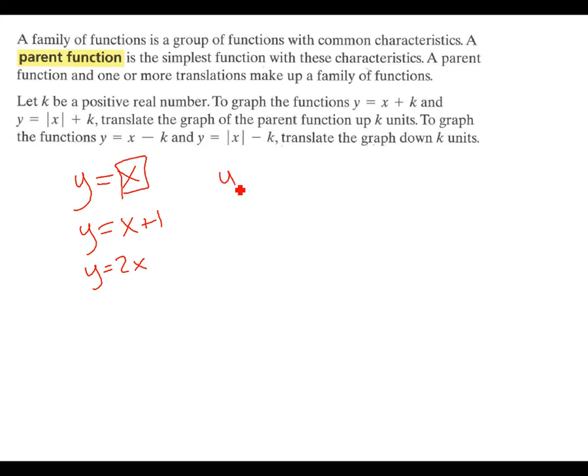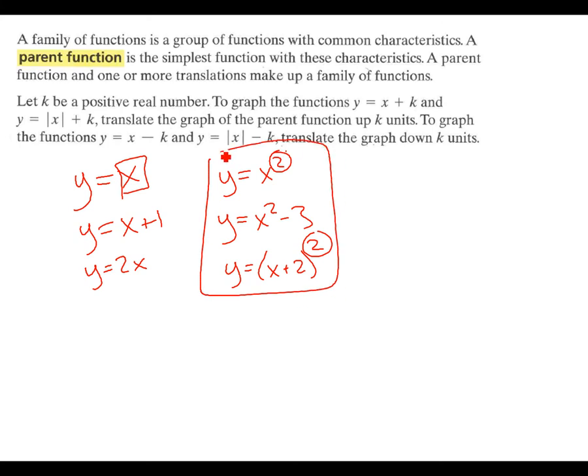If we put a squared on it, that would be a whole different family of functions. Y equals x squared minus 3. Y equals, I could even do this, x plus 2 squared, but the key is the squared. Okay, so each of these would be separate families, and these two would be our parent functions. All right, they are the starting points on here.